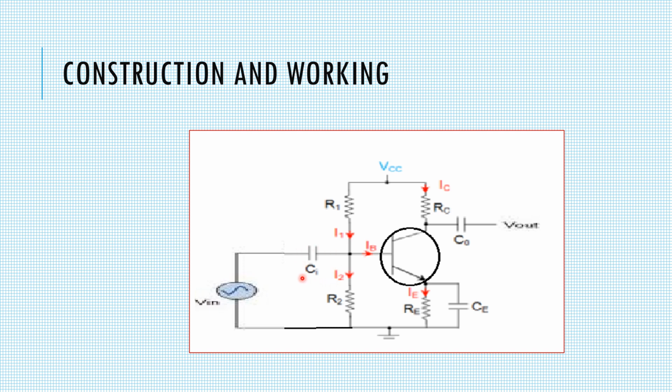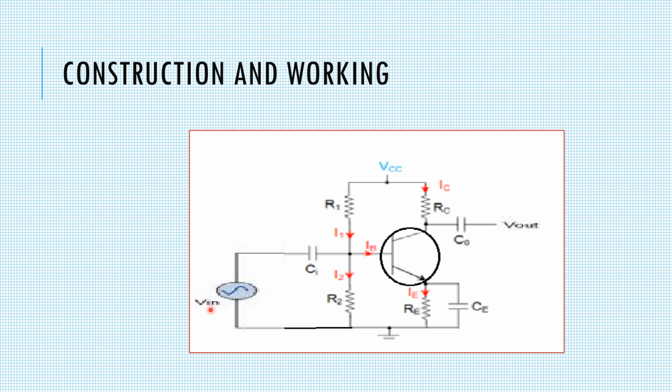We have connected the C1 capacitor, which is used to separate the AC signal from the DC biasing voltage, and the capacitor is known as the coupling capacitor. Here, if the resistor R2 increases, then there is an increase in the forward bias, and R1 and bias are inversely proportional to each other.